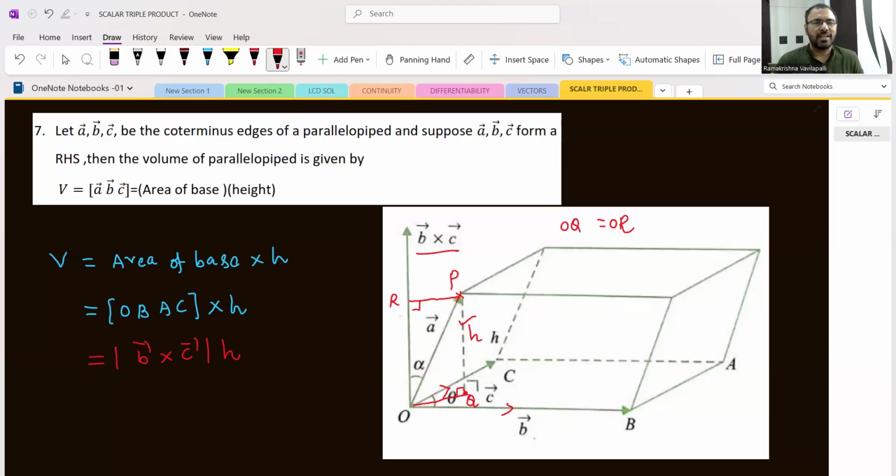So here I am writing that H is equal to PQ, which is equal to OR. This is nothing but the projection of the vector A bar.